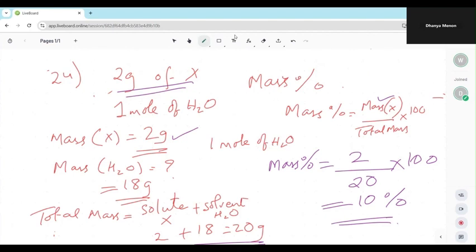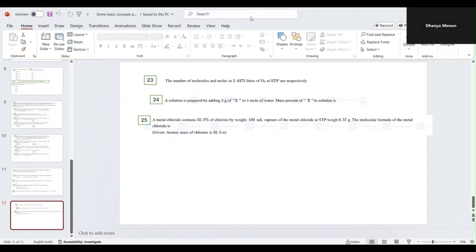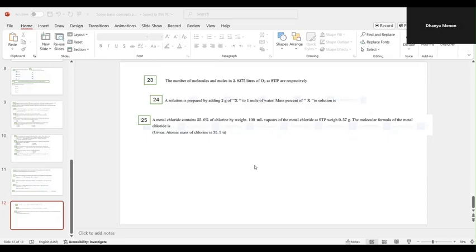Okay, now the 25th question. Okay, students, we are left with the 25th question. If you look at the 25th question, it says that the metal chloride contains 55% of chlorine.